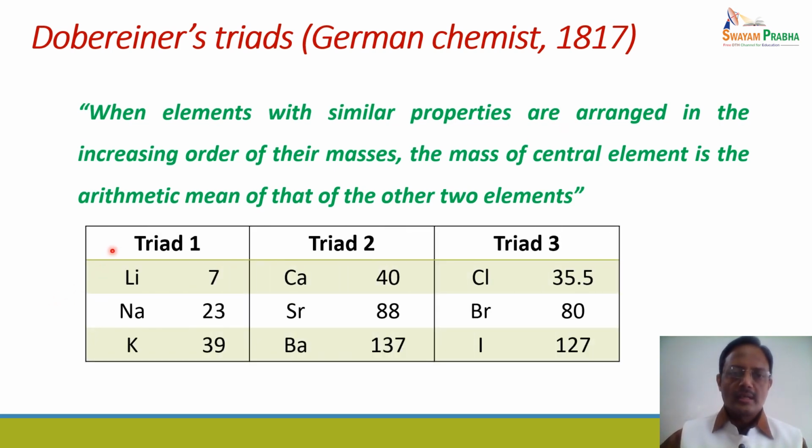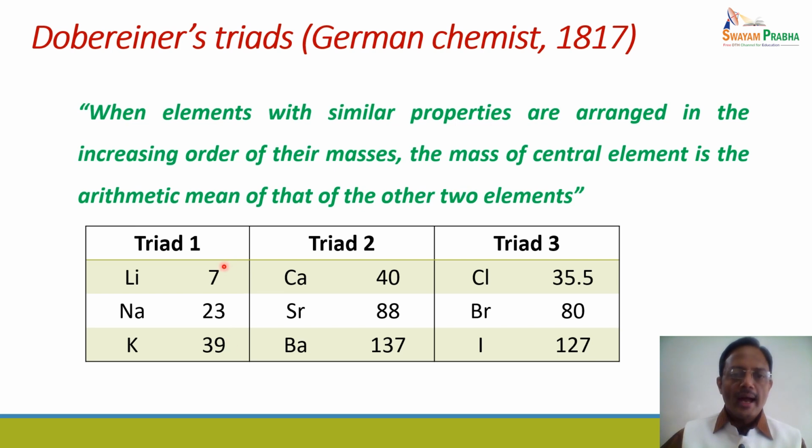Consider the first triad, of lithium, sodium and potassium. These three elements have identical properties. They are metallic with low ionization potential, and they are typically soft metals. The atomic mass of lithium is 7, sodium is 23 and potassium is 39.